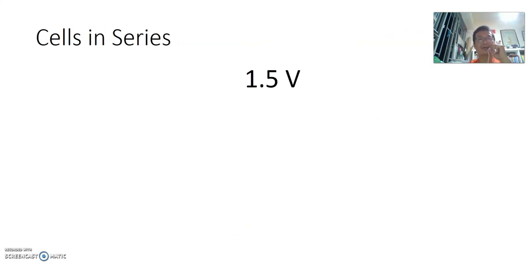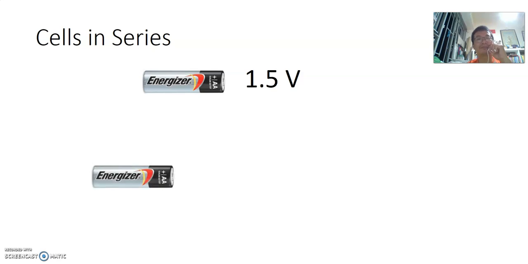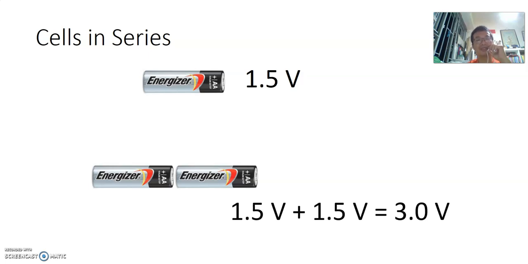Now let's look at dry cells in series and dry cells in parallel. When we have one dry cell, it provides 1.5 volt. If we put two identical dry cells of 1.5 volt each in series, we get a total voltage of 3 volt. We have to take note that dry cells in series have to be connected in order.